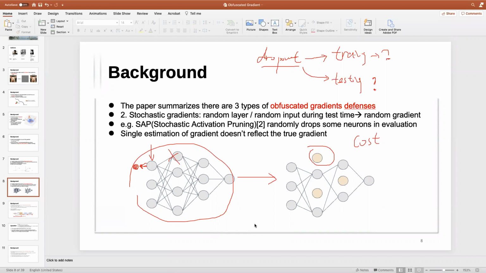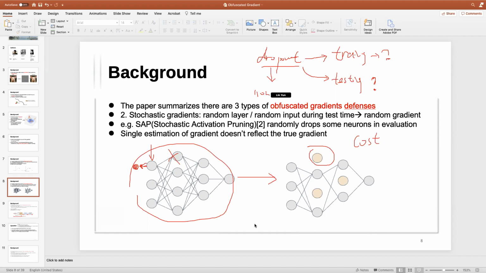My answer might be a little bit different, but I'm not quite sure. I feel that if we drop out neurons during testing, it introduces non-determinism.